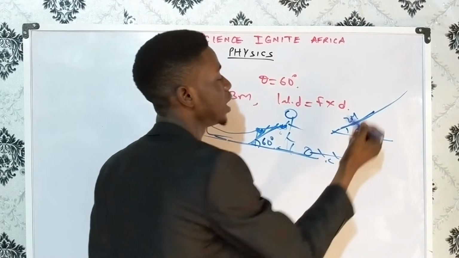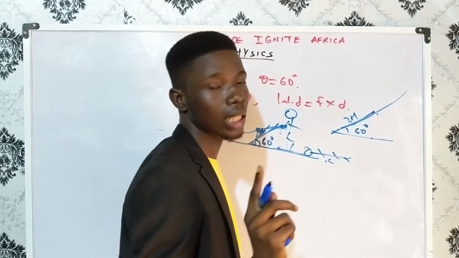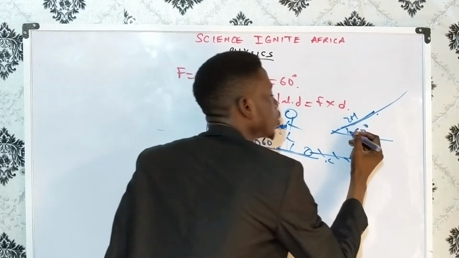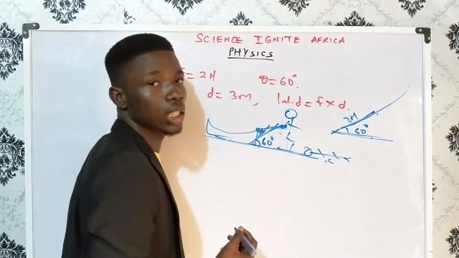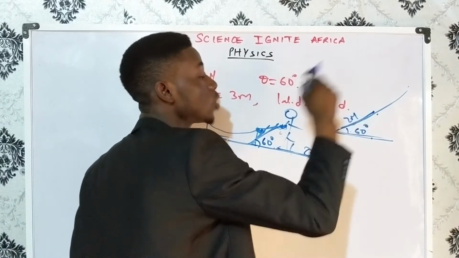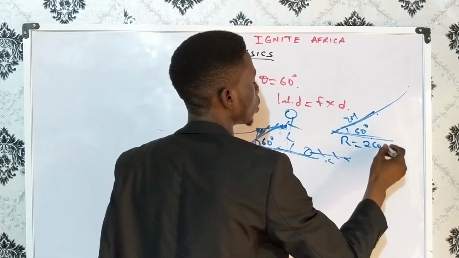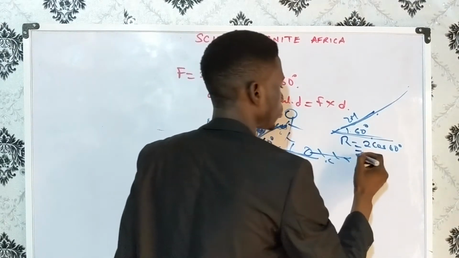So if I want the equivalence of this force on this horizontal line, all you have to do is resolve. Since the angle is between the line of action of the force and the surface we are talking about, we make use of cos theta. So the equivalent force, which is our resultant force, is 2 cos 60 degrees.